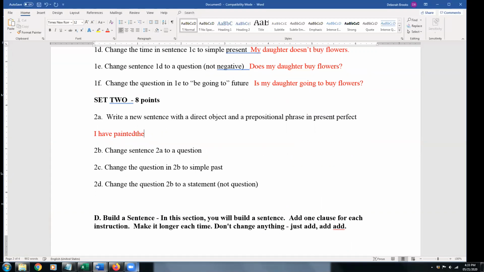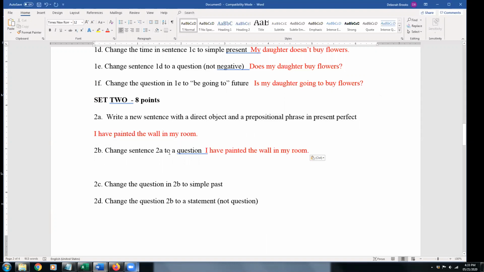I have painted the wall in my room. Okay, so that's direct object, prepositional phrase, and present perfect. You want to double check that you have each of those items.